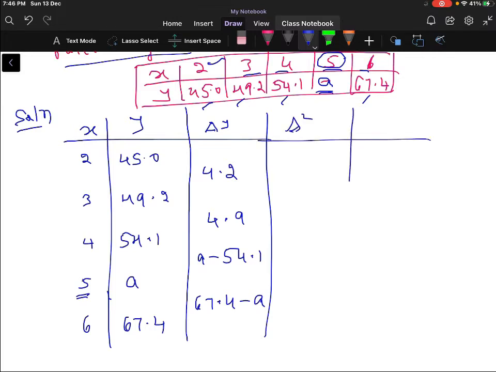Now let us calculate second forward differences of y. 4.9 minus 4.2, so that is 0.7. a minus 54.1 minus 4.9, that is a minus 59.